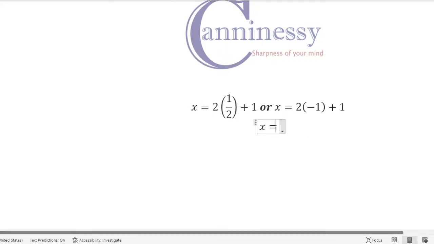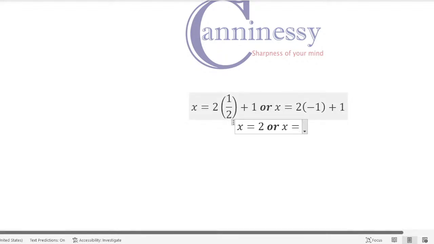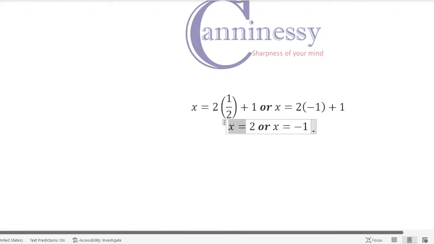So x is equal to 2, or x is equal to, here we're going to say 2 times negative 1 is going to be negative 2. Then negative 2 plus 1, x is equal to negative 1. So these are the two possible values of x and y.